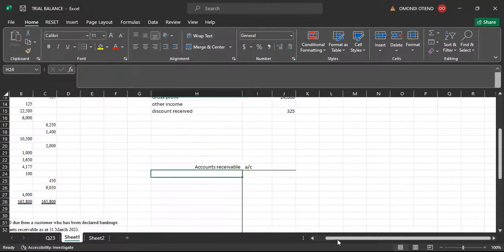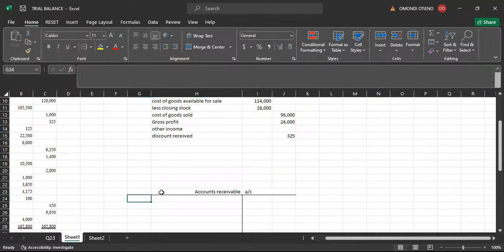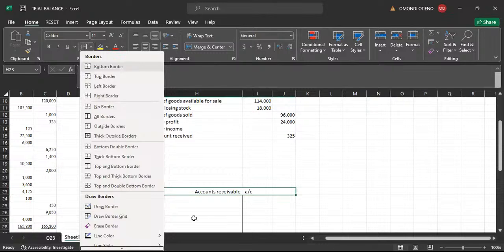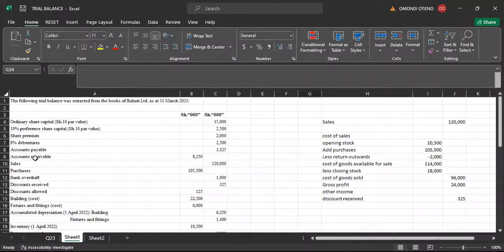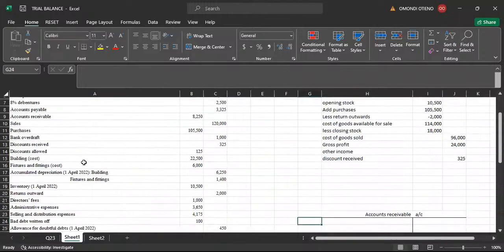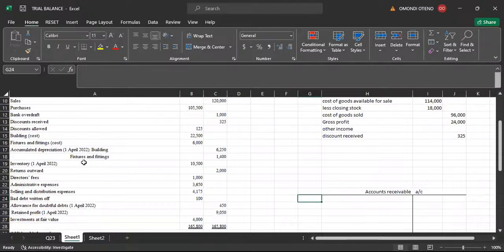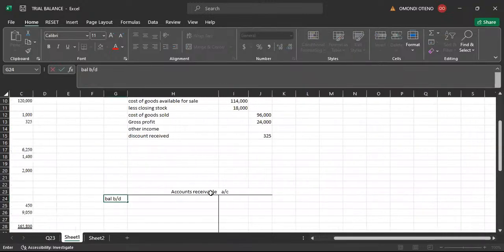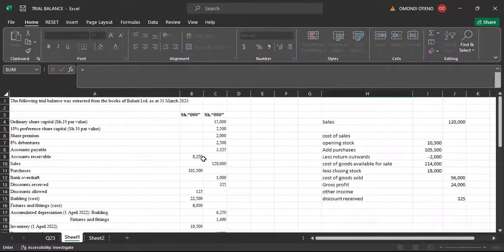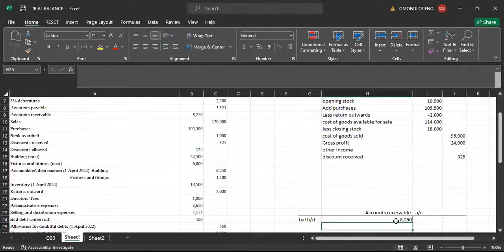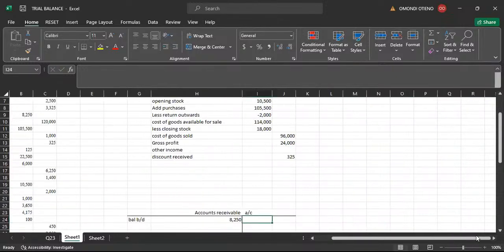So these accounts receivable, that is an asset account. So do you have anything in the name of balance brought down? So just pick this figure that is given to us is equal to 8250. So out of this, there's a customer who is being declared bankrupt.